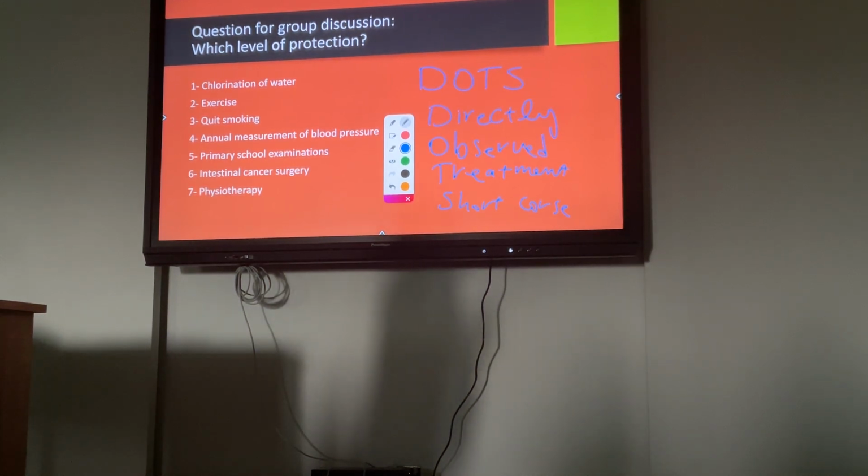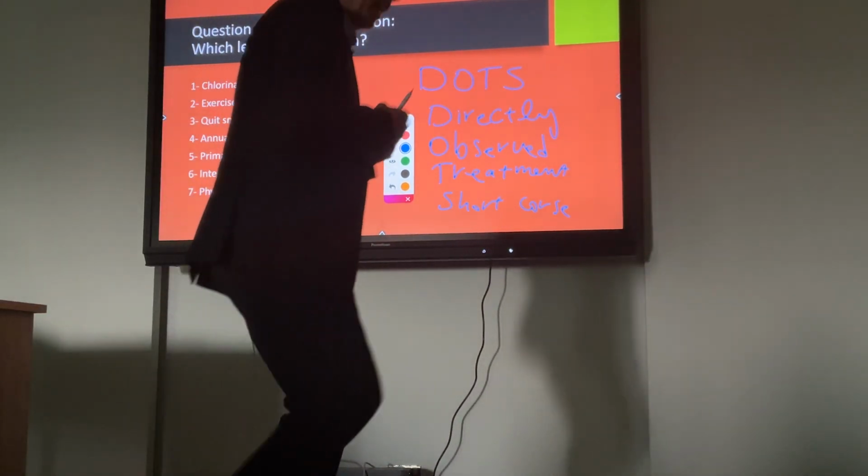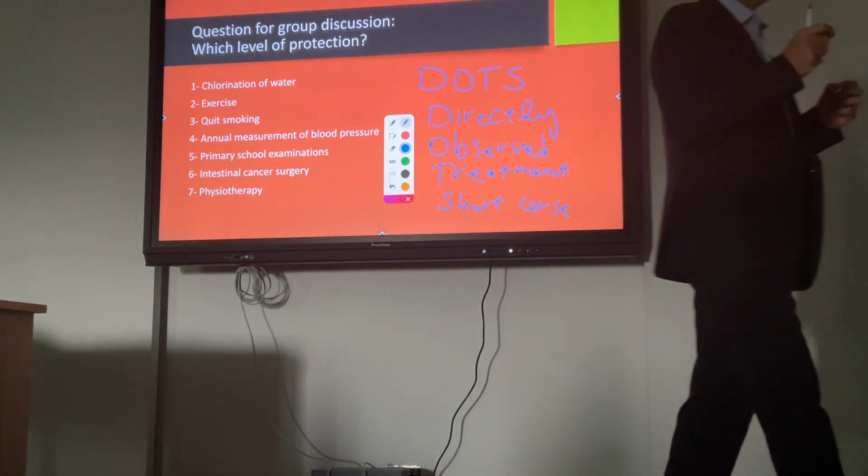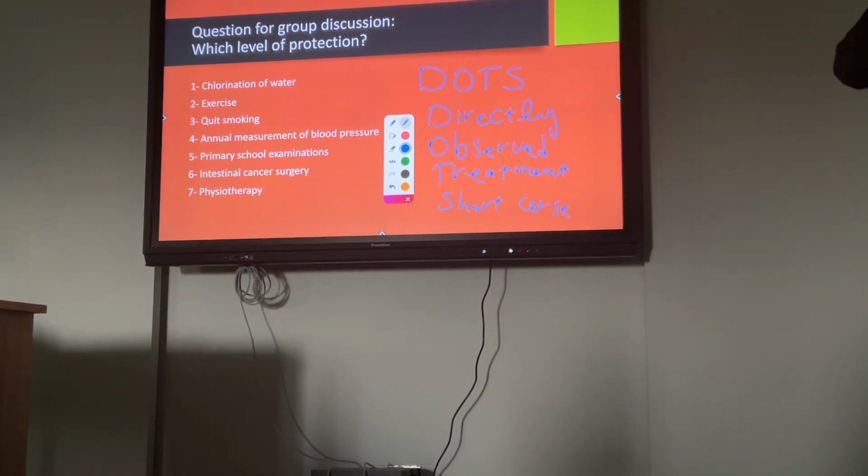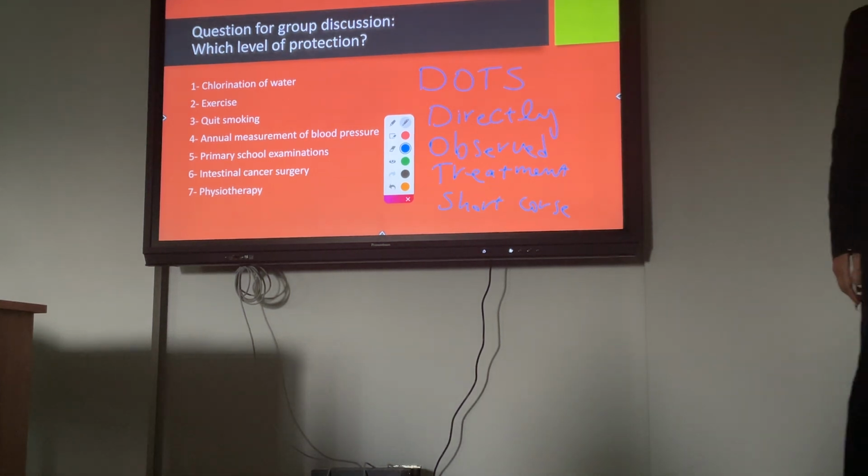Because I want to exclude the risk factor. What is the most important risk factor of getting tuberculosis? Patient with tuberculosis. Exposure to a patient with tuberculosis. But which patients? Advanced patients, because we know that advanced patients may spread much more bacteria than early stage or medium stage tuberculosis.